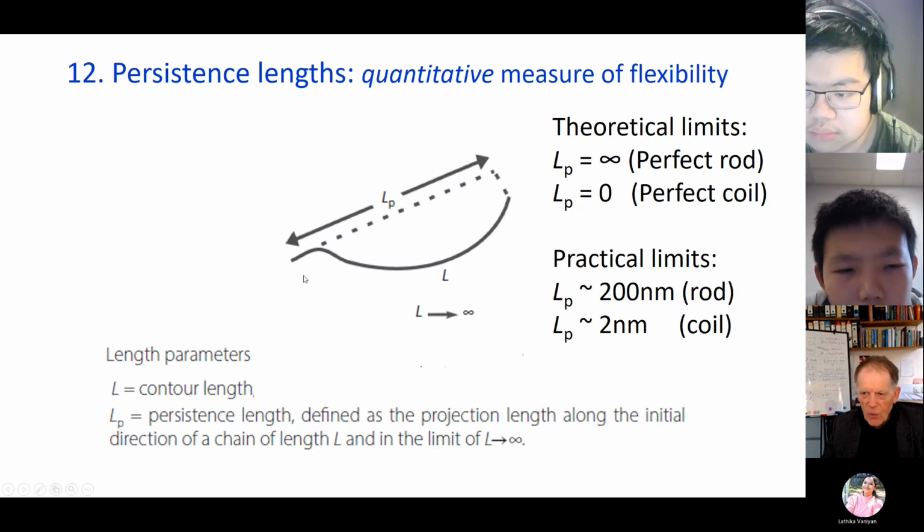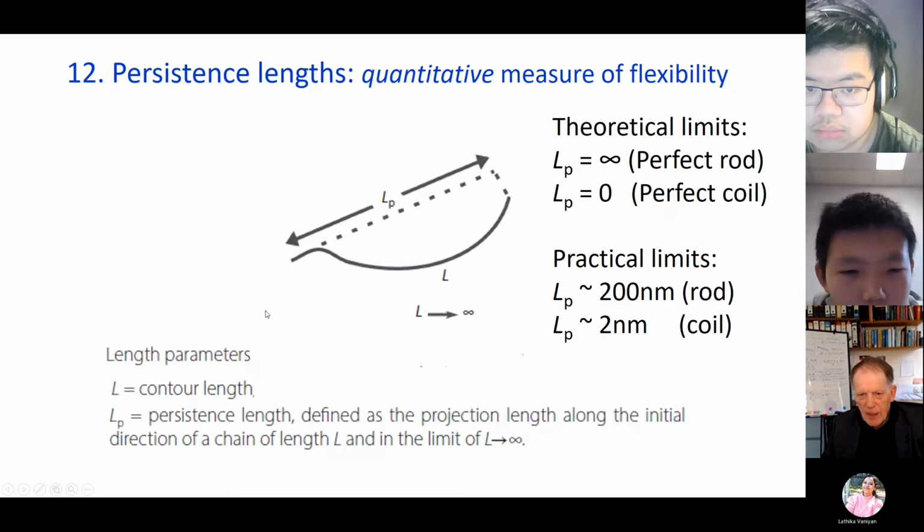Conversely, with a completely flexible coil, the molecule is completely flexible, so it'd be floppying about with half the time in this direction here, in the positive direction, and the rest of the time in the negative direction.